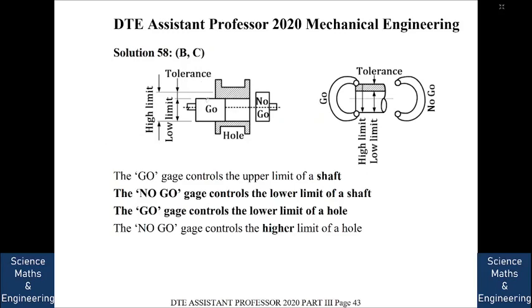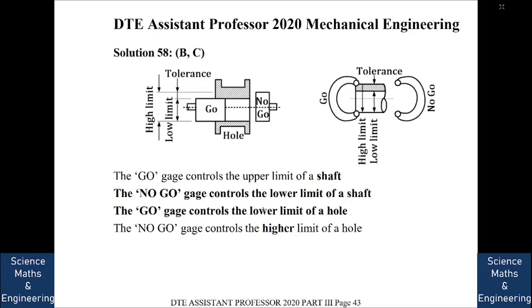See, this is for hole and this is for shaft. This is go and this is no go. Similarly, this is go and from here to here it is no go. So the no-go gauge controls the upper limit of a shaft, not a hole. Then the no-go gauge controls the lower limit of a shaft.